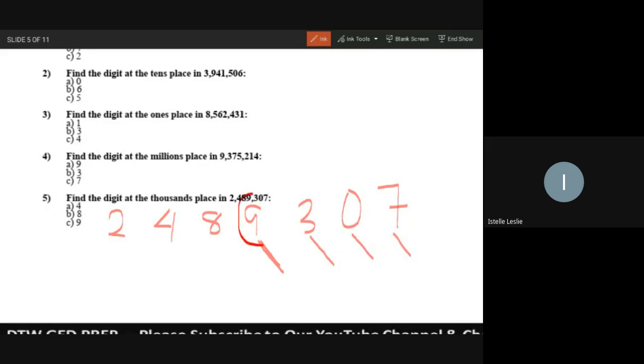So 9 is the one at the 1000 position. So 4 is 100,000 and not 1000. Okay, so is this clear? So the correct answer there is C, which is 9. Okay, thank you.